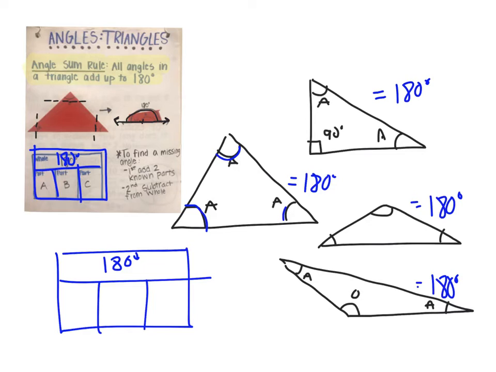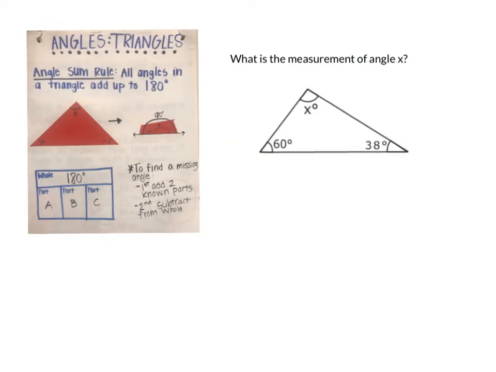All right, so let's take a look at our first problem, and you'll notice how similar these problems are to the problems that we've been solving in the past 2 days. What is the measurement of angle X? So first thing I notice is we've got a picture.